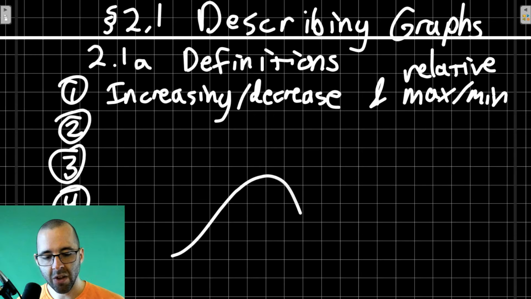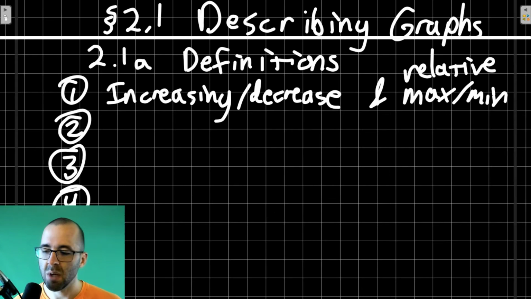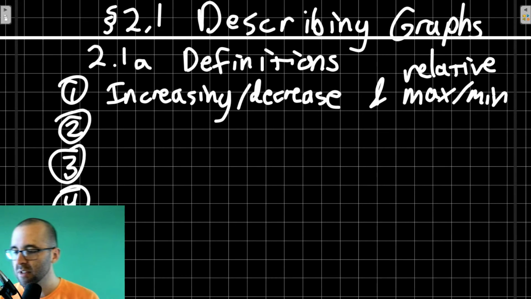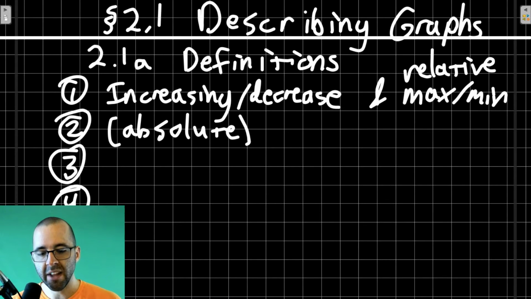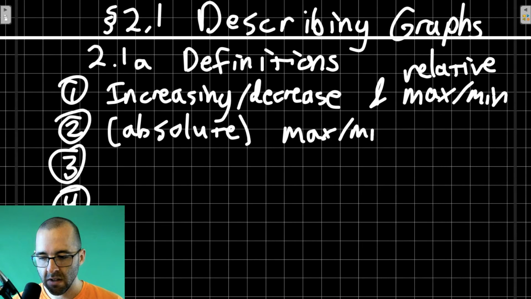Max and min has to do with, are we at the top of a hill? That's a relative max. Are we at the bottom of a valley? That's a relative minimum. All right, we're also going to be talking about absolute max and min values. Absolute is in parentheses because we sometimes say it, sometimes don't.